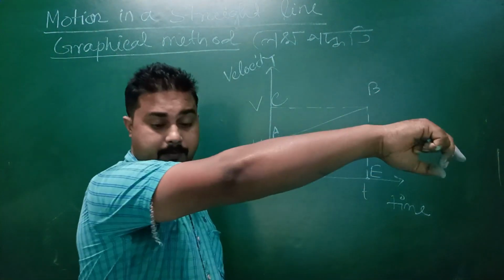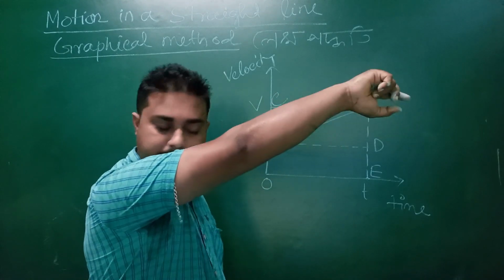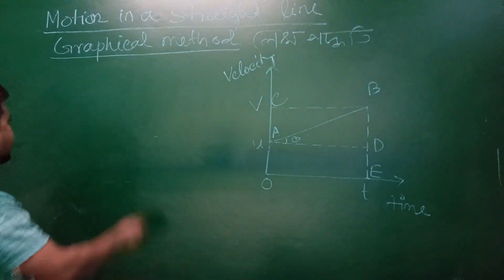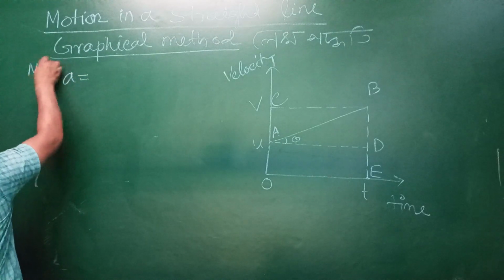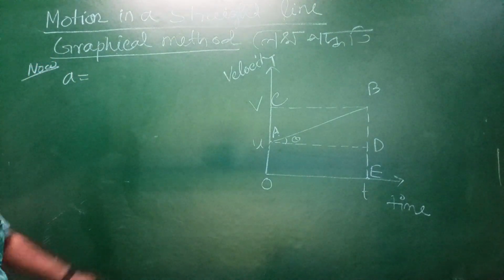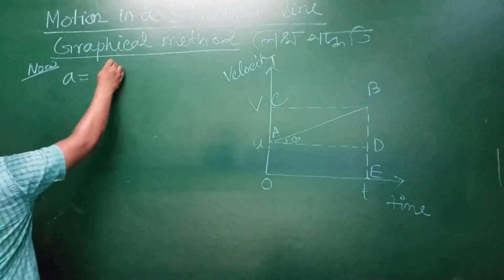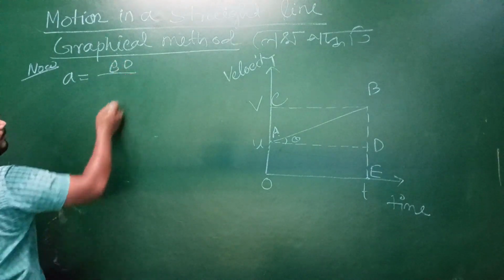For that, we have a is equal to we can write BD by AD.